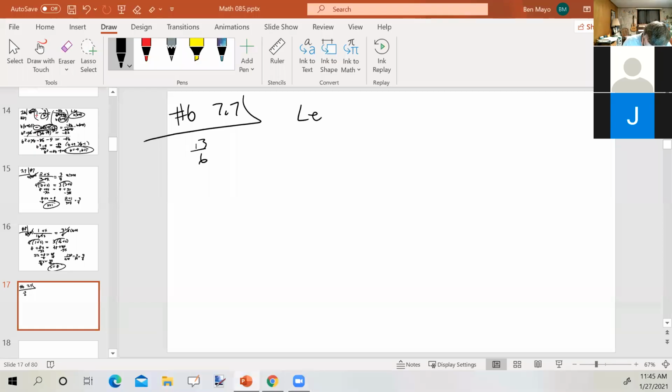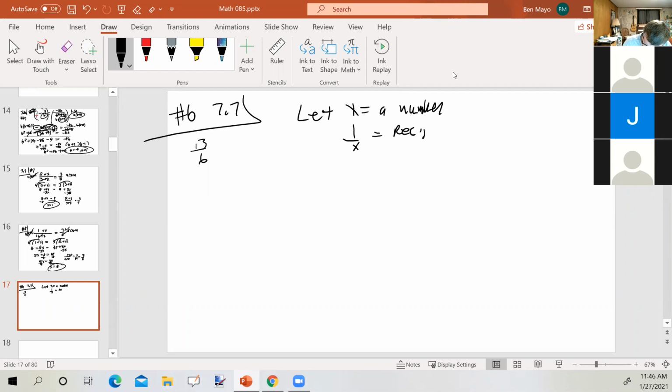If we let x equal a number, then what would its reciprocal be? 1 over x. So 1 over a number is its reciprocal. If the number is x, its reciprocal is 1 over x. It says the sum of a number and its reciprocal is 13/6. So there's our equation. Any questions about that?